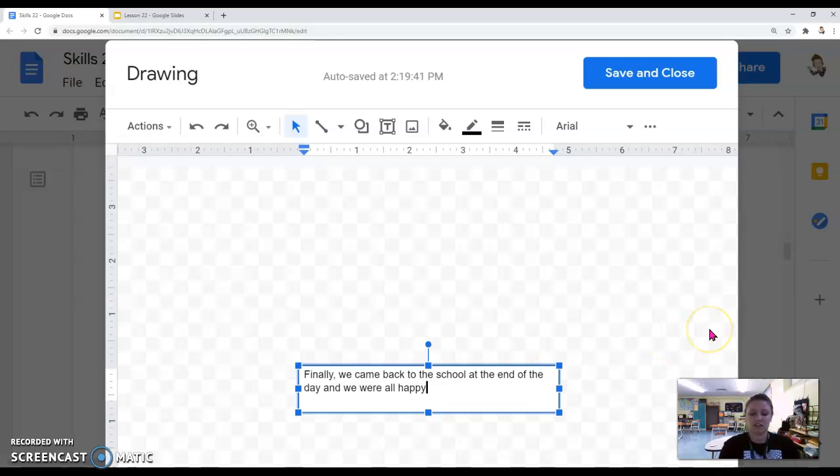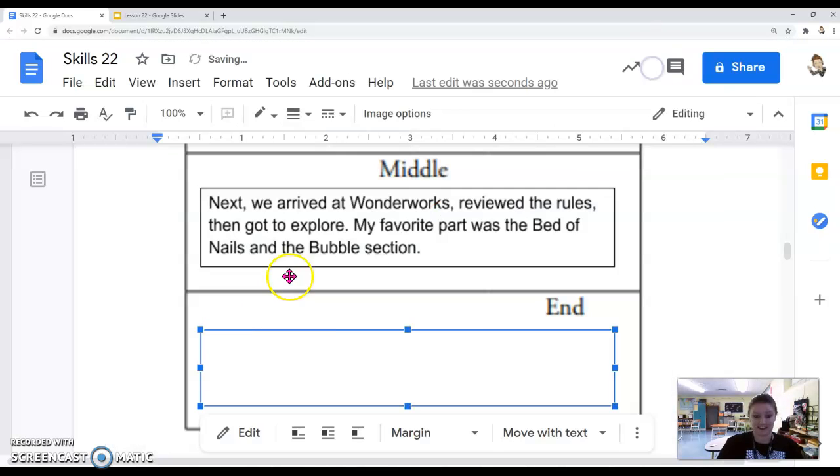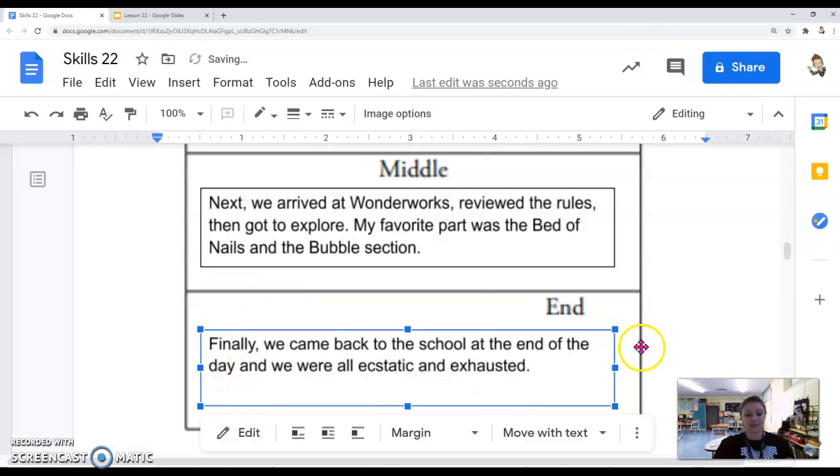Is there a word that we could use that's different than happy? We were all ecstatic and exhausted, right? We're usually really tired after that field trip. Finally, we came back to the school at the end of the day, and we were all ecstatic. We were in a super good mood, but we were also exhausted.